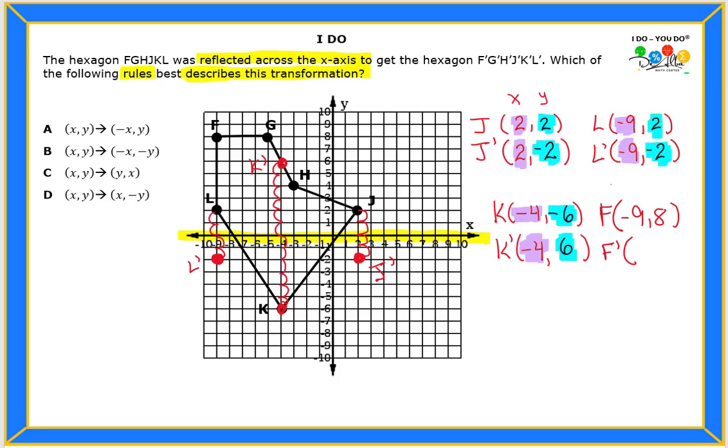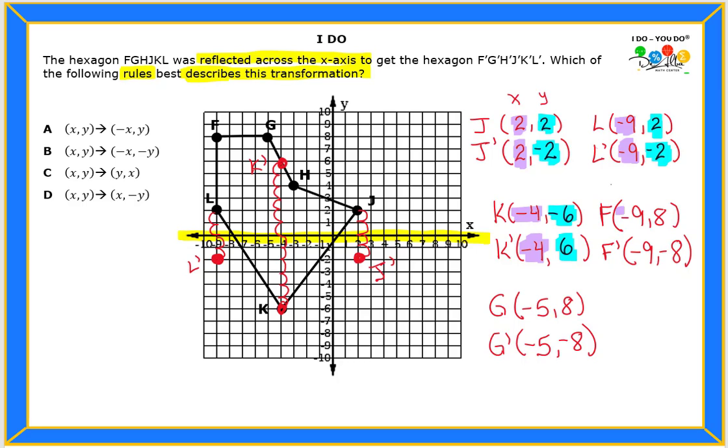Therefore, F prime will still be -9, but the y will become -8. And G, I have -5 and 8. So G prime will still be -5, but the second one, which is the Y, will be -8.